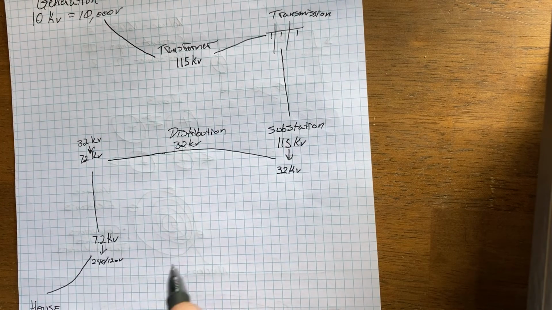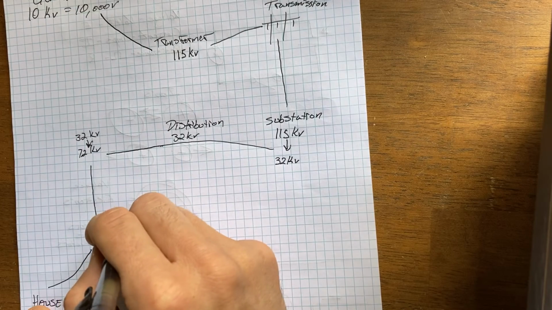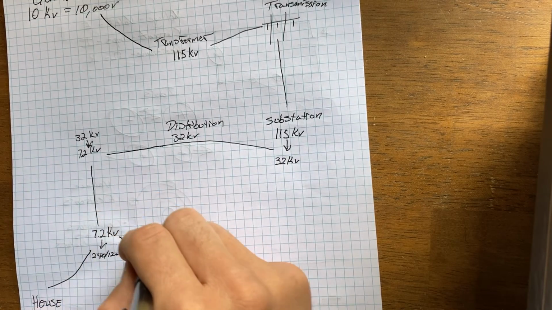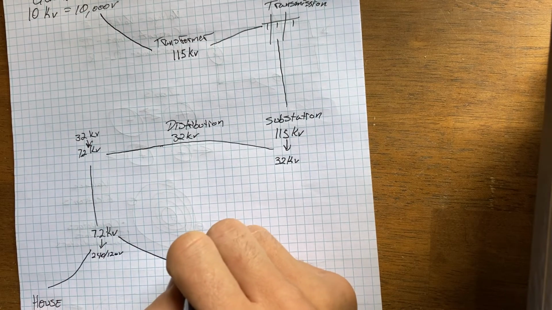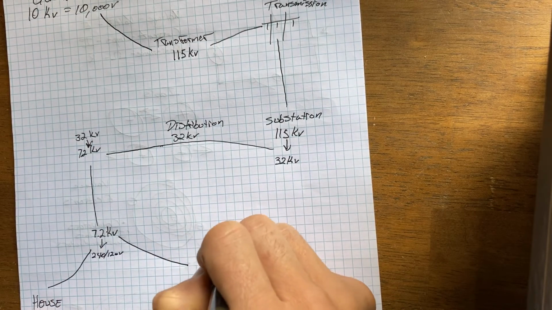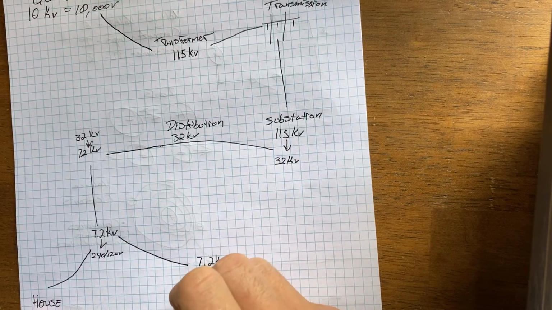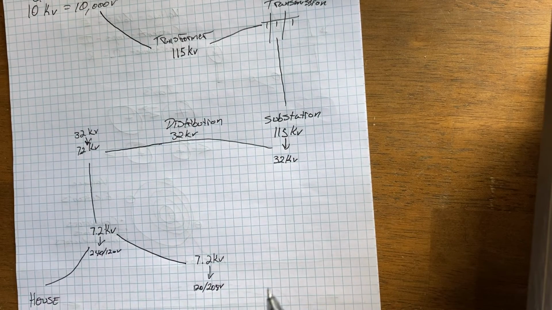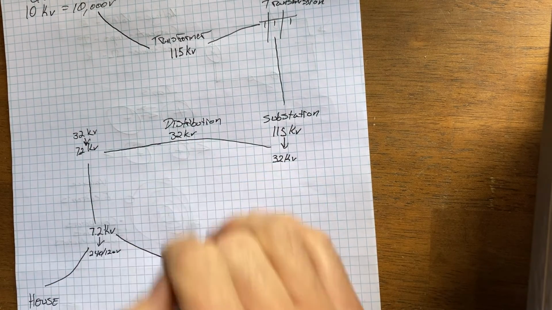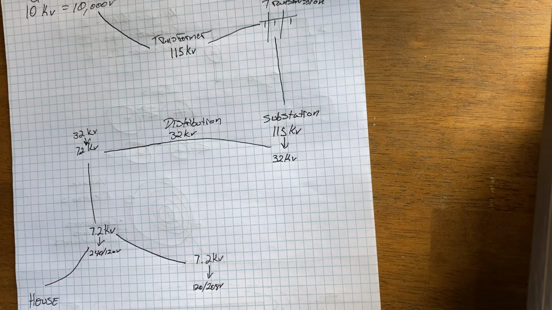It would be essentially the same thing for a business. Let's say you have 7.2 kV down to 120, 208 volts for a business. So this could power either a house or a business.